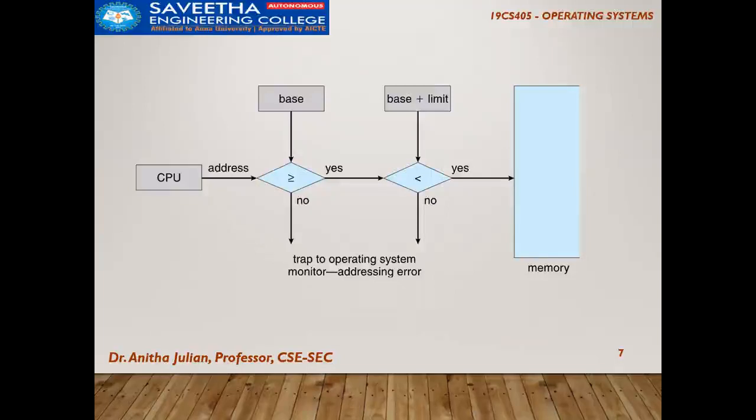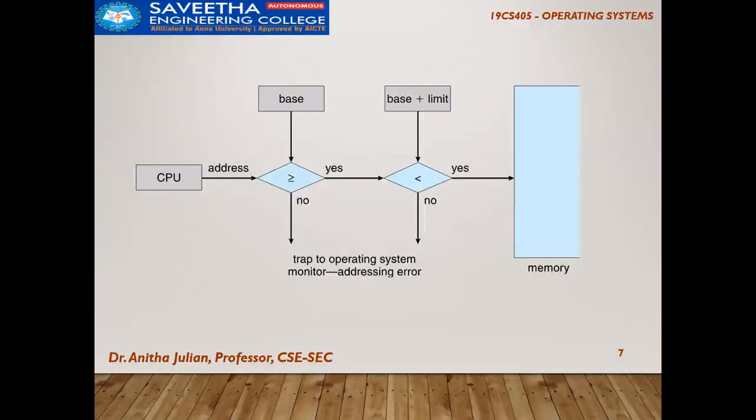If it is yes, if it is above that, then it will check whether it is within the base plus limit address. And if it is yes, it will go to the memory, the secondary storage, and bring out the process. In the previous diagram, we had a limit register and a base register. The same thing is being shown diagrammatically here.